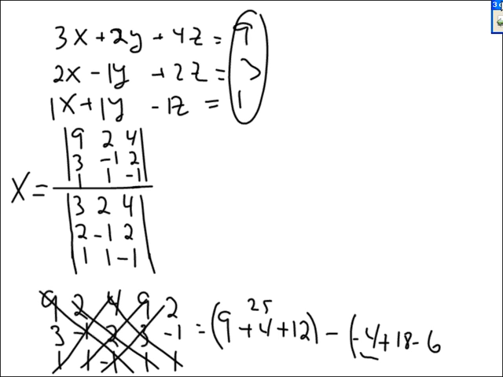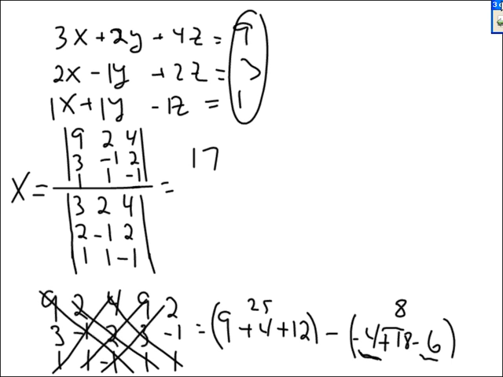If you take away 4, and then you take away 6, you took away 10. Well, if you have 18, you take away 10, you have 8. 25 minus 8 is 17.